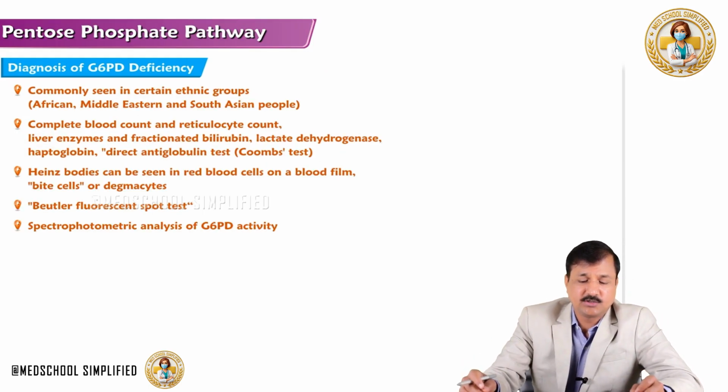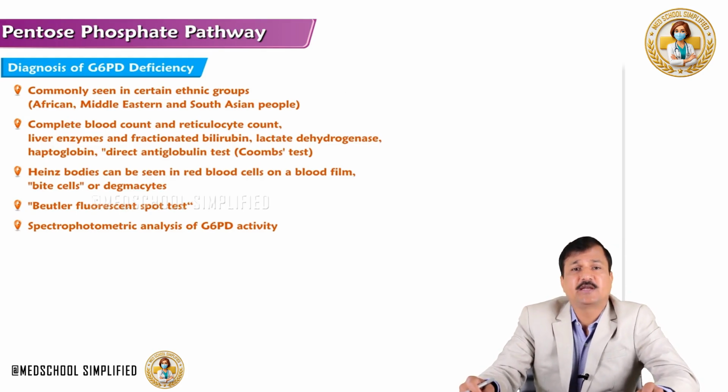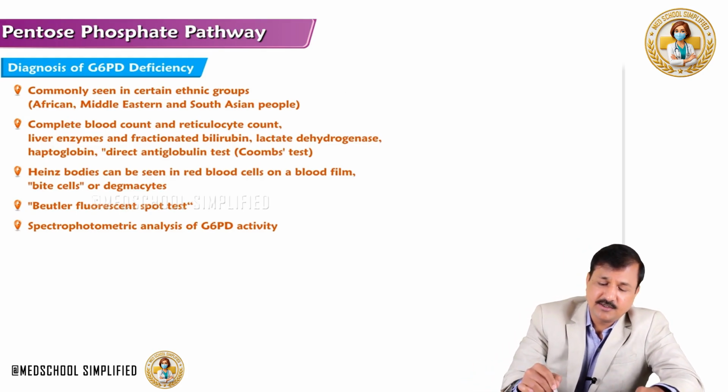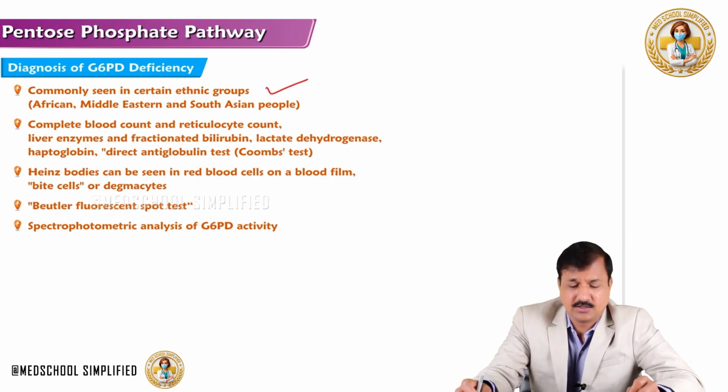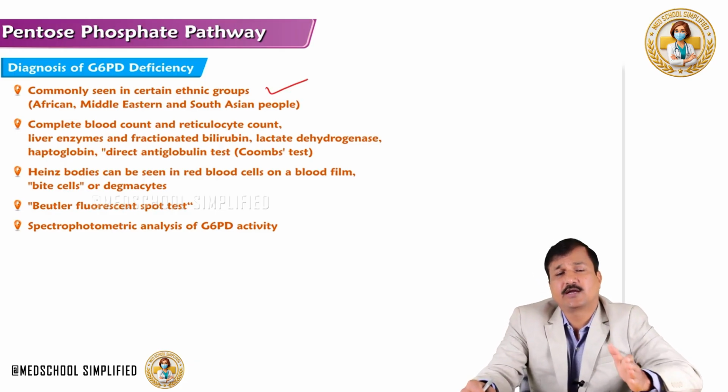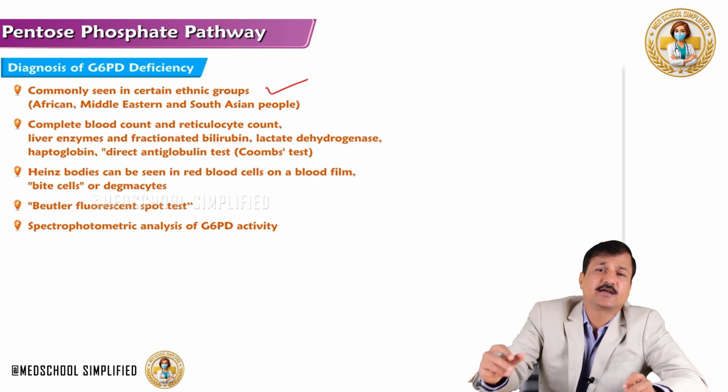Now, coming to diagnosis of G6PD deficiency. For diagnosis of G6PD deficiency, we have to look at the ethnic group, like which type of people are showing a hemolytic crisis upon a triggering event.